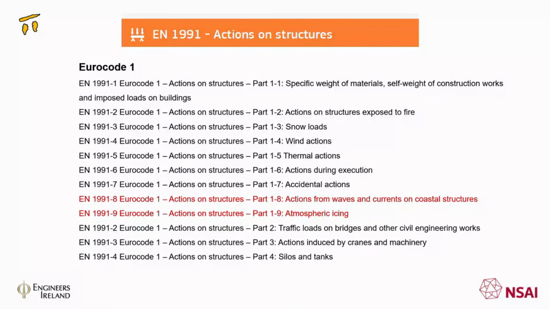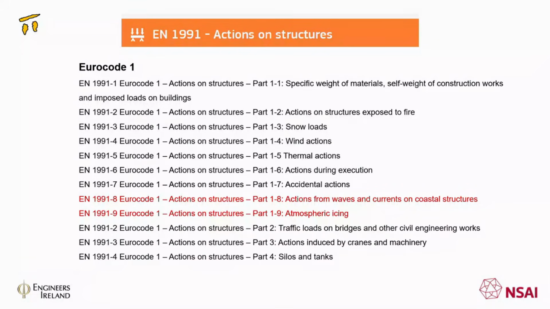And the main parts of the Eurocode, we had 7 of these before, and I'm speaking today on the assumption that most people will know the Eurocodes. I'm not trying to explain everything in them to any great extent. We had 7 before in Eurocode EN 1991. Part 1, we had Part 1.1, specific weights of materials, self weights of construction works and imposed loads of buildings.